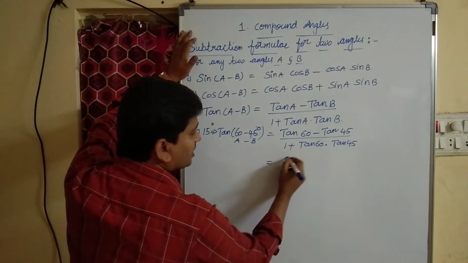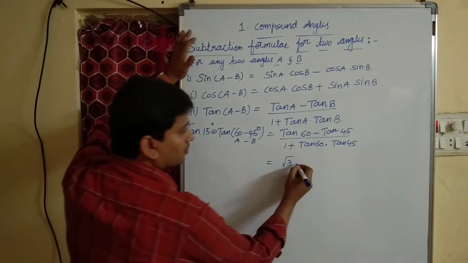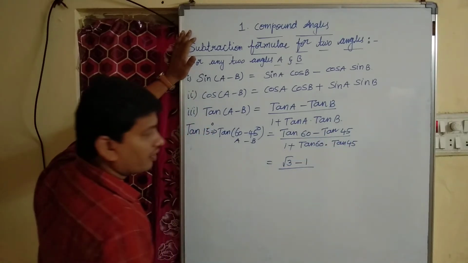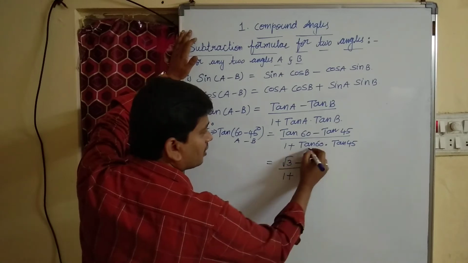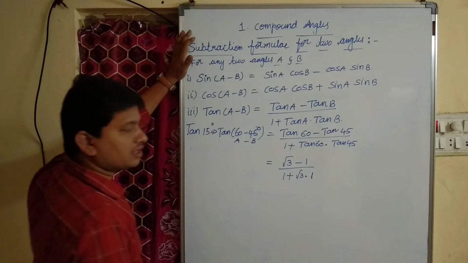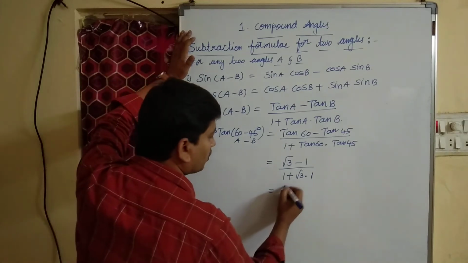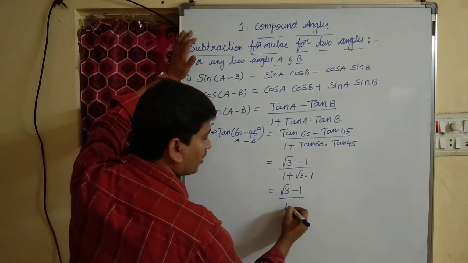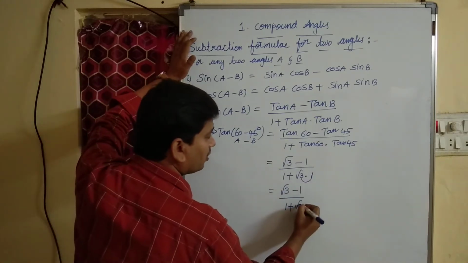We know tan 60 is root 3, tan 45 is 1. So it is root 3 minus 1 divided by 1 plus root 3 into 1, root 3.